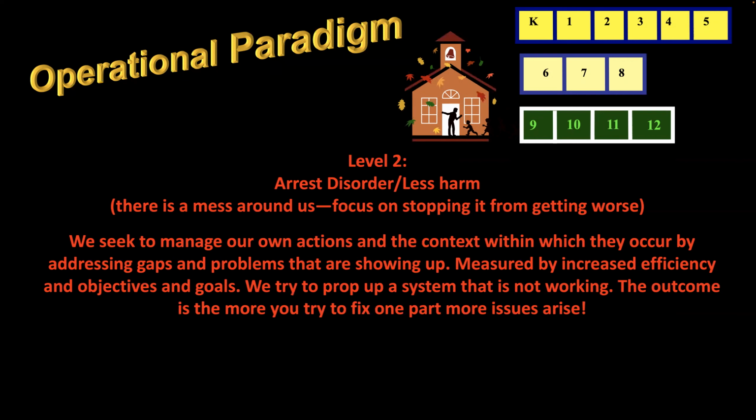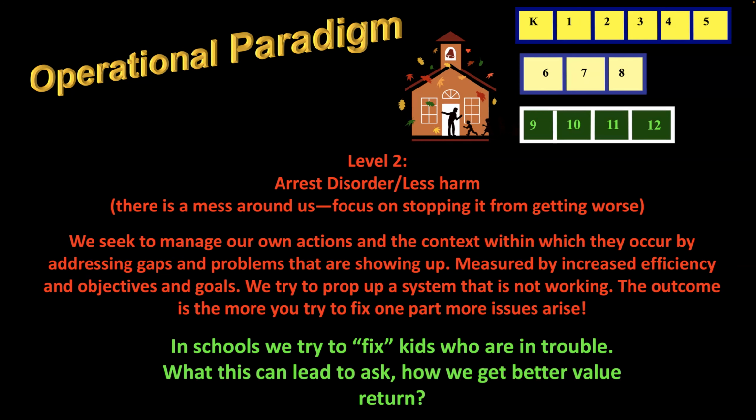But really what we're trying to do is increase the efficiency by measuring the objectives and goals, and we're going to control kids in a way that we're going to segregate them into fragmented areas. We might have tracking systems. We might have advanced programs. We might have programs for kids who really don't care about learning anything. So that's where the arrest disorder comes into play.